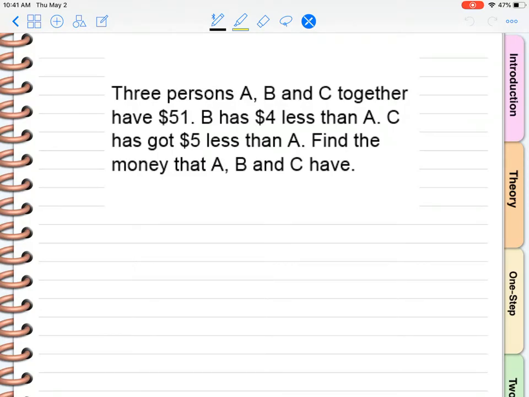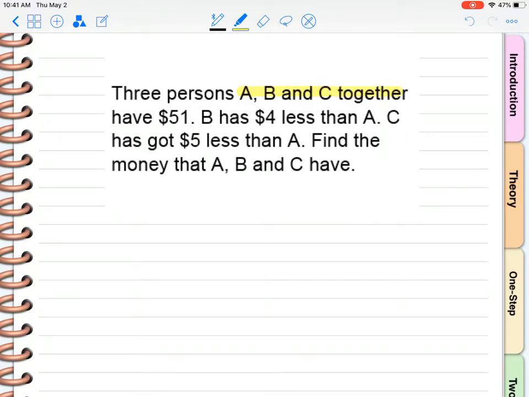Okay, this problem is a little more abstract. It's not as easy to visualize as painting or Mexican food, but it still falls under the rules of algebra. So let's see what we can do here.